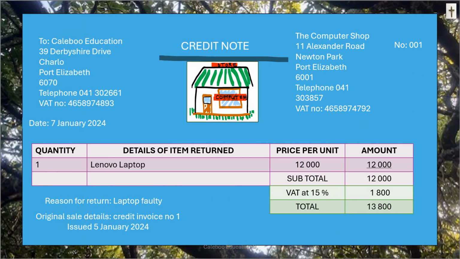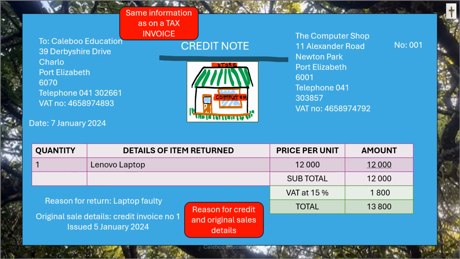There's an example of a credit note. When an account is credited, we got a credit from the computer store here. All transactions are documented. And on a credit note, remember, you need a reason for the credit.